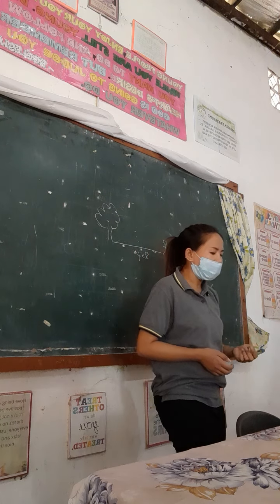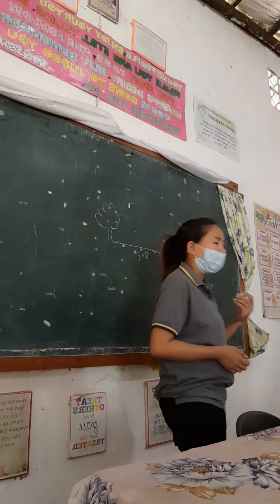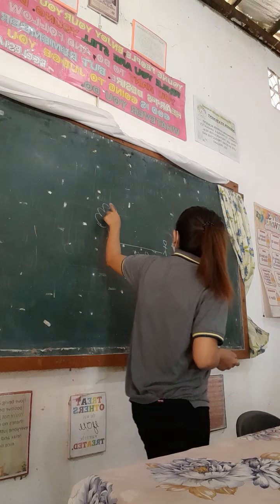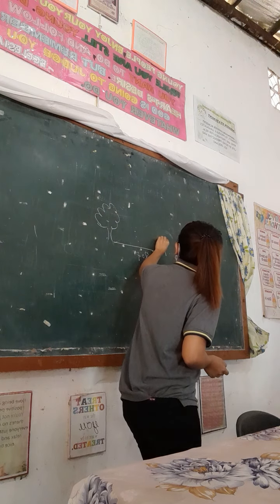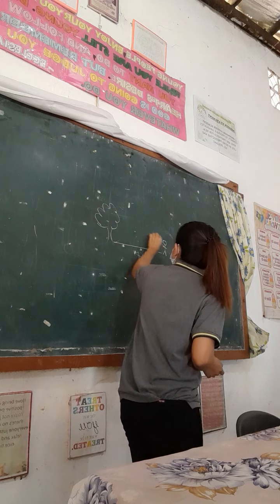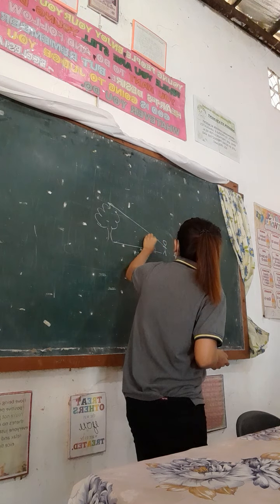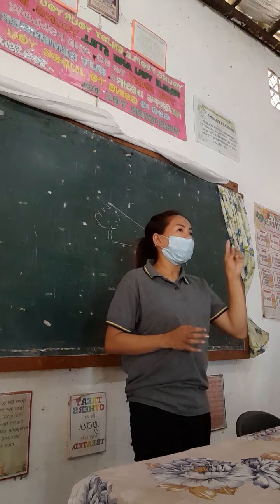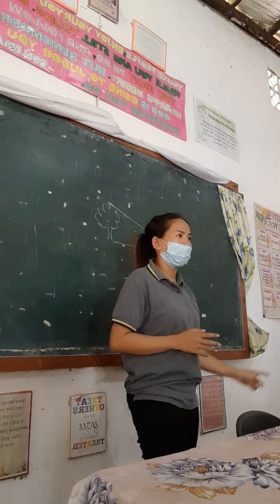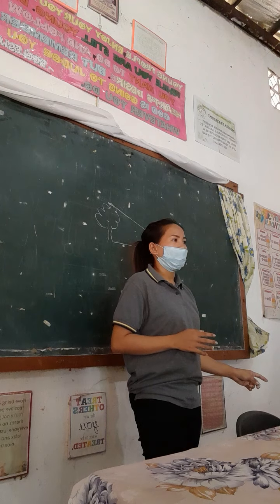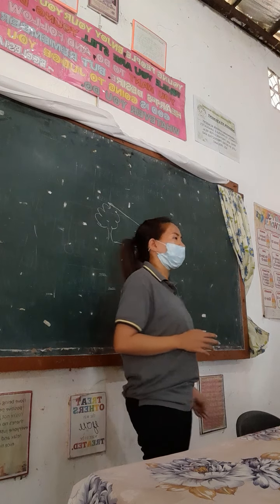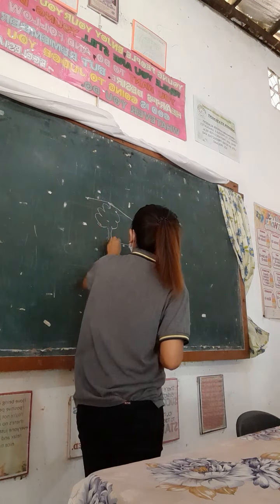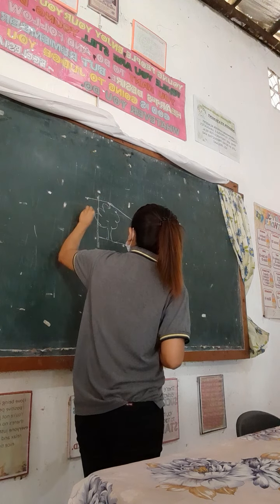You measure that the angle of elevation from you going to the top of the tree is 38 degrees. The question is, how tall is the tree? This is what we're going to solve.